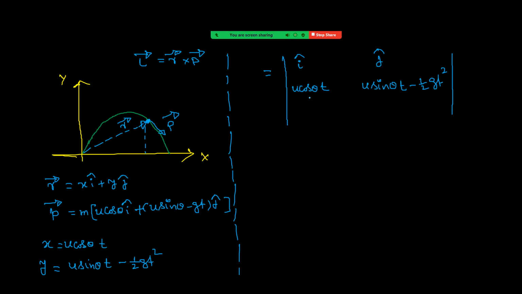Coming to P bar, it is m into u cos theta for i cap, and m into u sin theta minus gt for j cap.